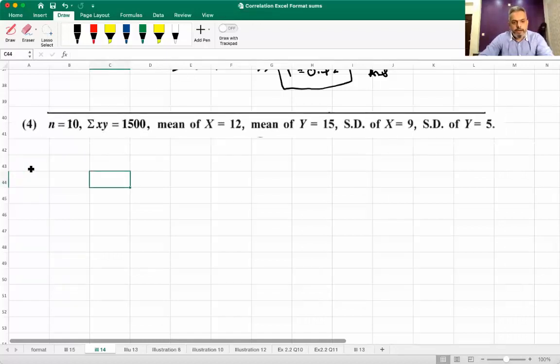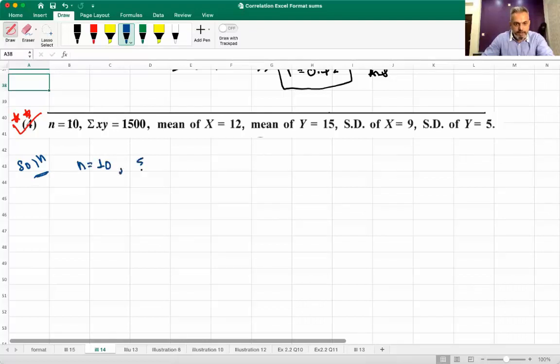Now, n is given, mark this sum extremely important for exam. Extremely important for exam. Now, everyone pay attention please. N is equal to 10. So in the solution, you always write first what is given. N is equal to 10.